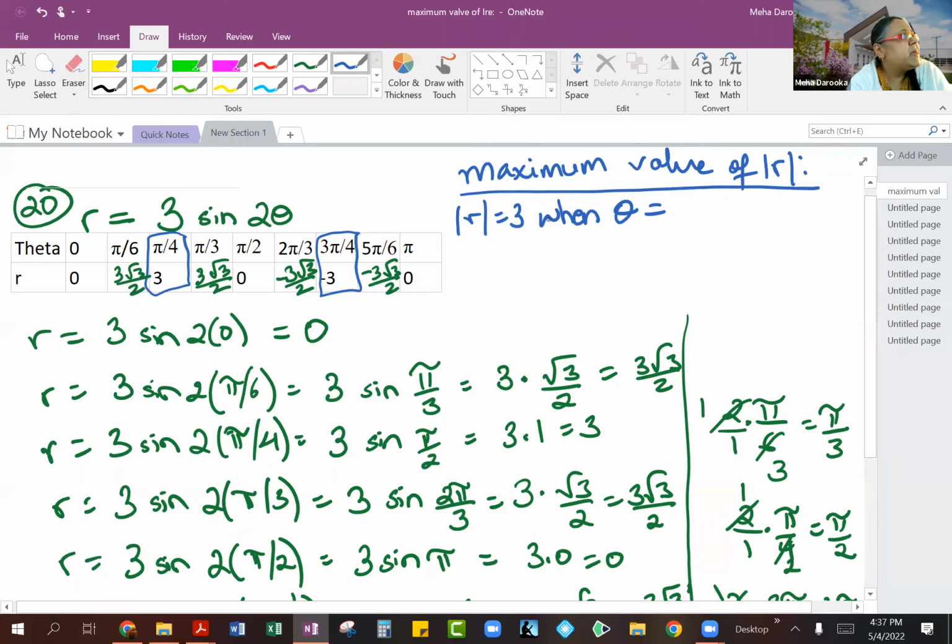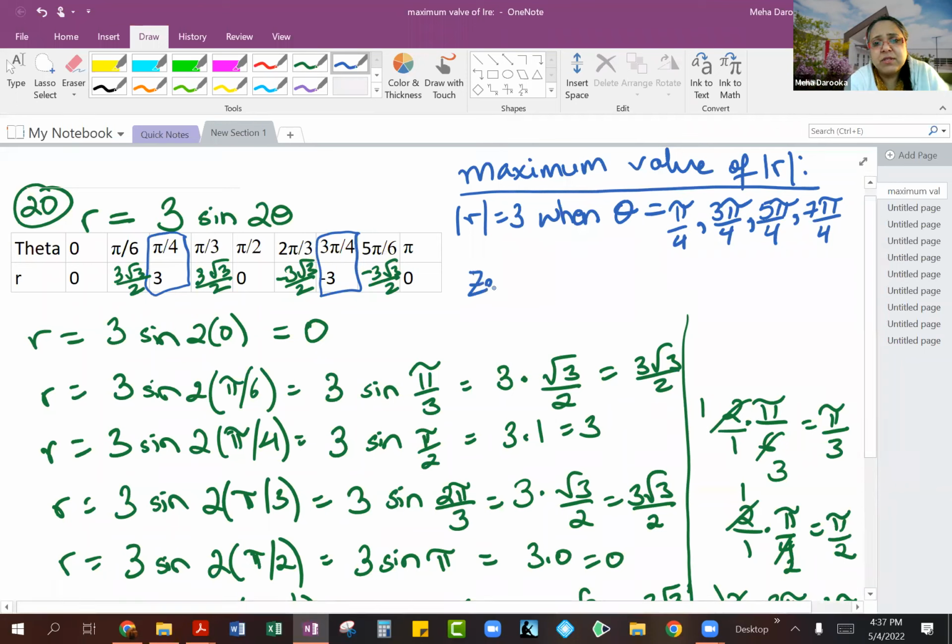So theta would be pi/4, 3 pi/4. And if we had gone all the way in our table to 2 pi, then these would be the other angles that would show up. So you can see they're basically multiples of pi/4 going from 0 to 2 pi. That would be for the maximum value of R.